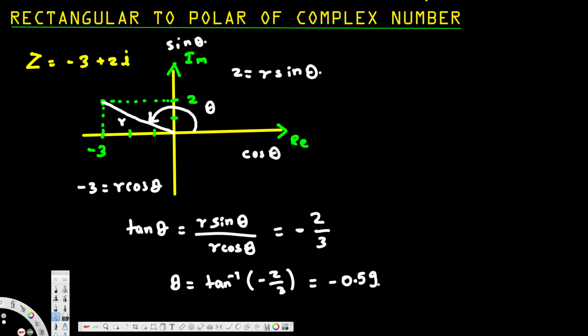I should have used a different symbol, like phi, but let's keep it as theta. The only thing you have to understand is that this angle is not equal to this angle, because we are using this line to calculate this angle.